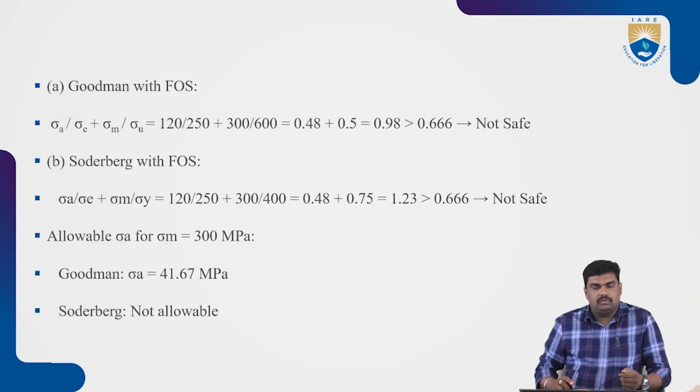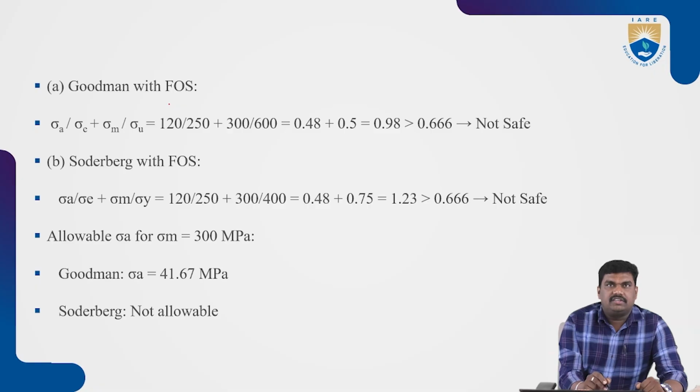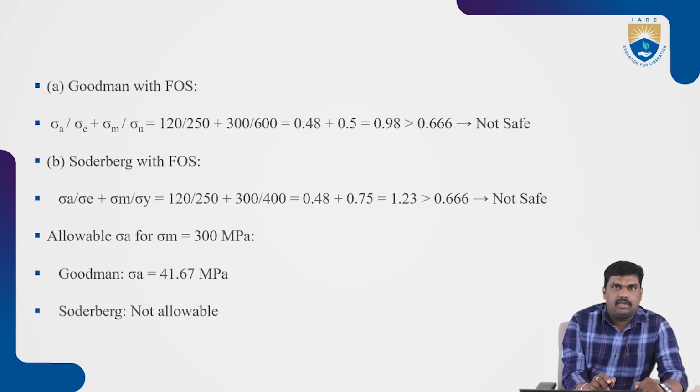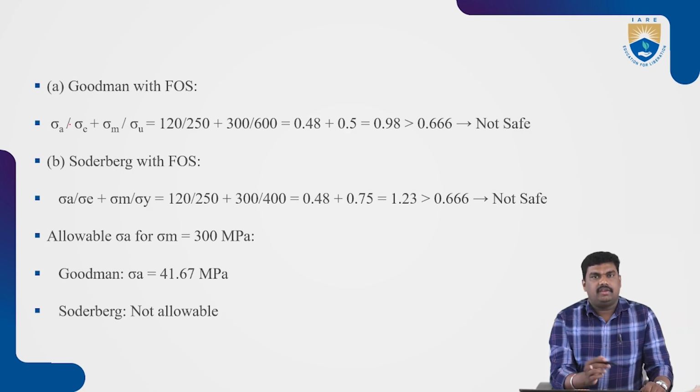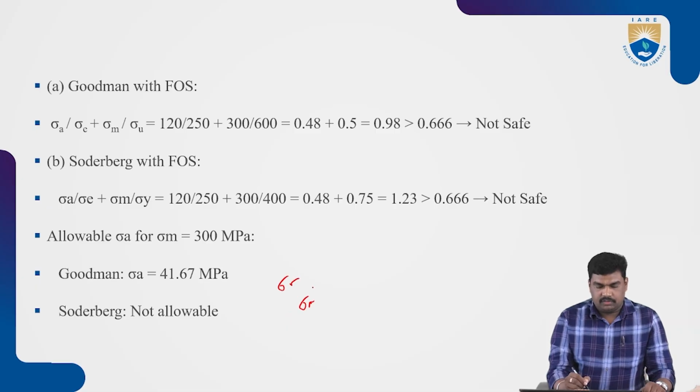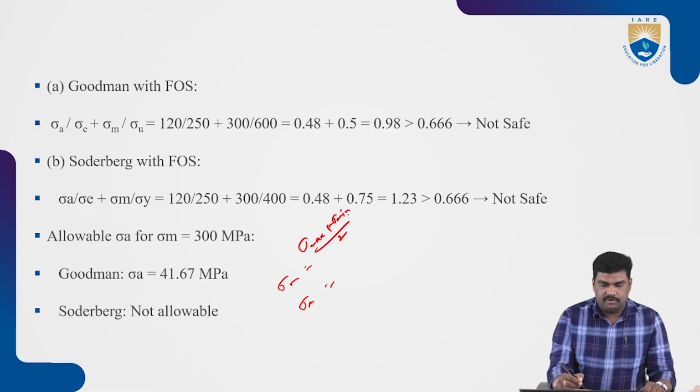Right. Now the Goodman equation with factor of safety. With the factor of safety, the left side of the equation will be the same. Only the right side is equal to 1 by n when you are considering the factor of safety. We calculate sigma m and sigma a in the same way. Sigma m is equal to sigma max plus sigma min divided by 2.